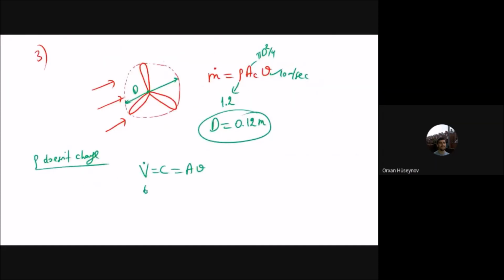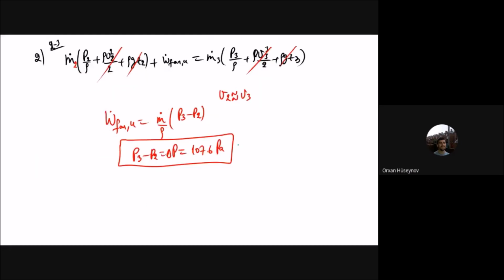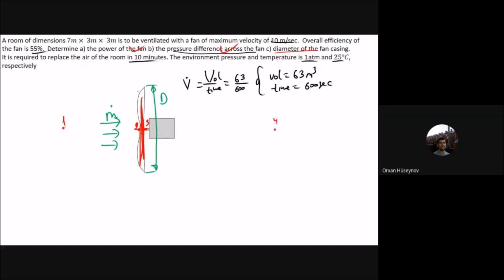And in this step, you will get the same result. It doesn't change anything. Velocity is 10, and you will get the same result, which is 12 centimeters or 0.12 meters. That is the end of the example. So we have done the example by the concept of the actuator disk.